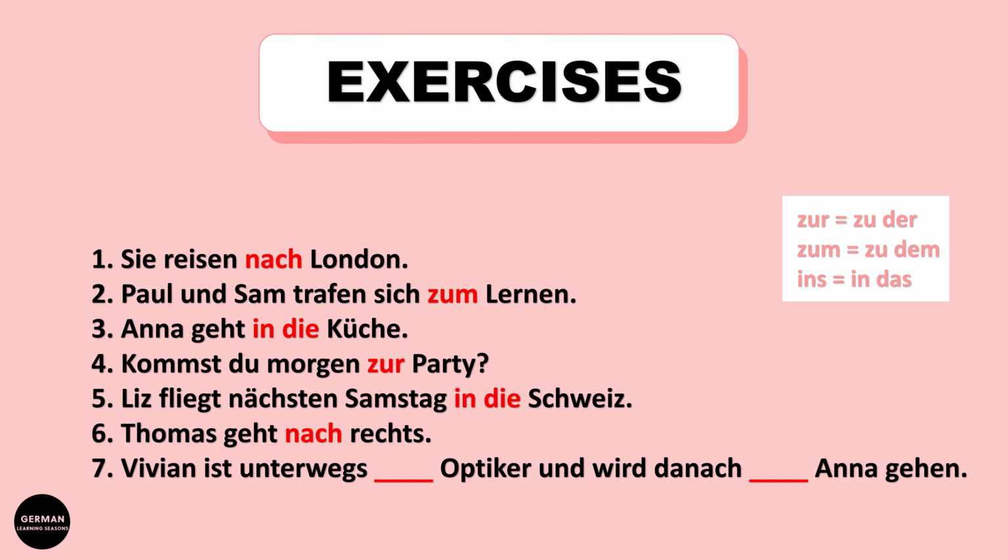In German, Vivian ist unterwegs zum Optiker und wird danach zu Anna gehen. Right. Why is it zum Optiker? Because it's a professional. Zum Optiker. And why is it zu Anna? Because she's a person. So we say zu Anna.